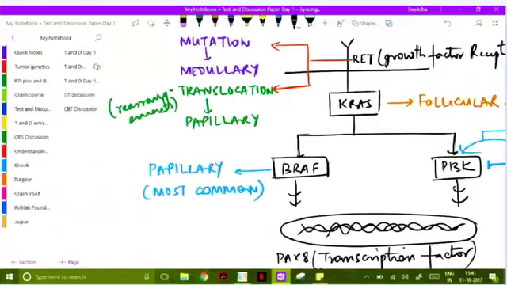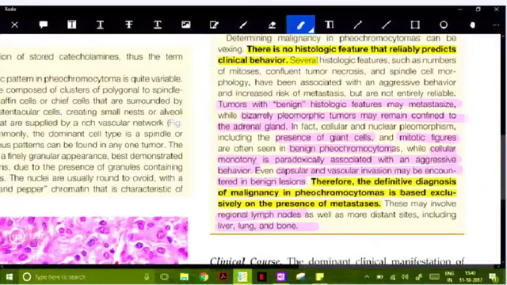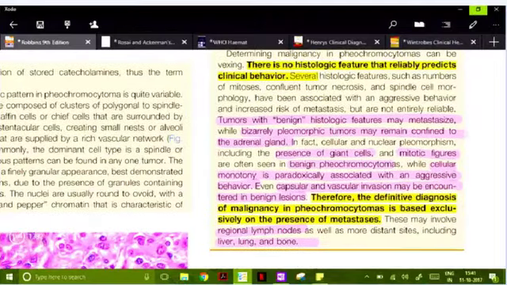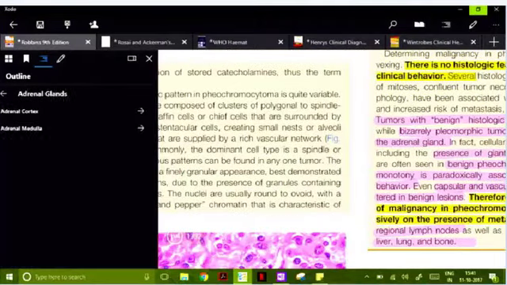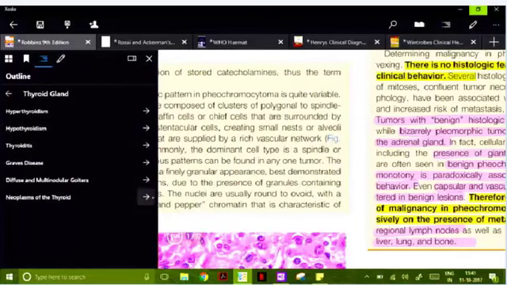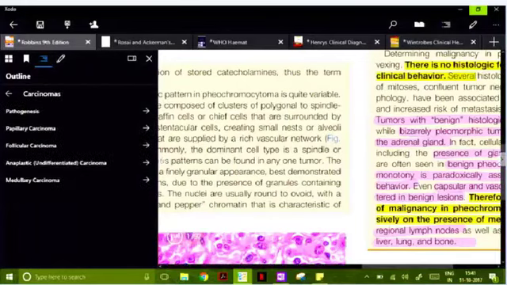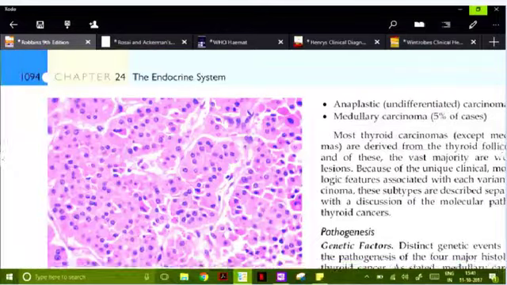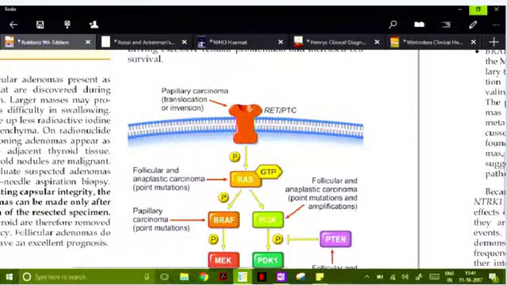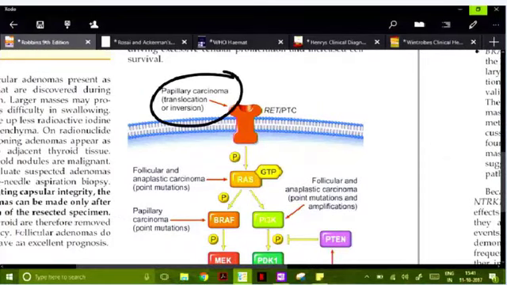In your Robbins, there is another really nice table given for this, and I'll just show it to you to see if you can remember it well. So let's look at the pathogenesis. You can see the translocation or inversion of RET leads to this.